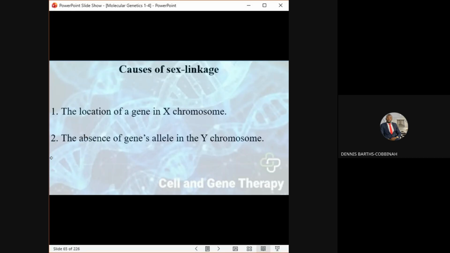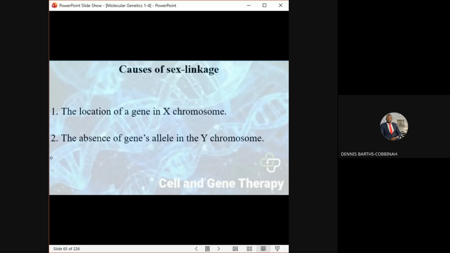So one, the location of a gene in the X chromosome. We will look at heterochromatin and euchromatin. Now, in heterochromatin, the genes are tightly packed, which does not allow expression, and the genes on the heterochromatin are really linked, meaning if there is a transmission, they are going to be linked.